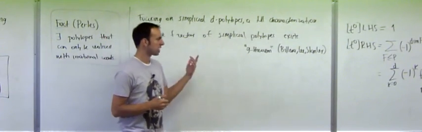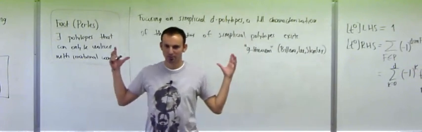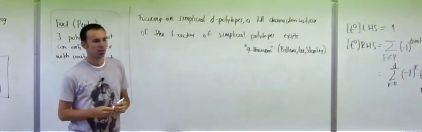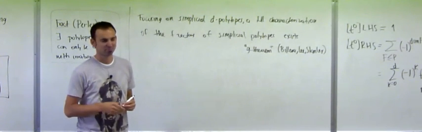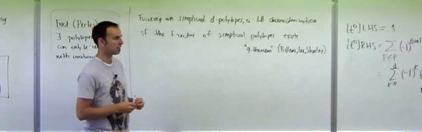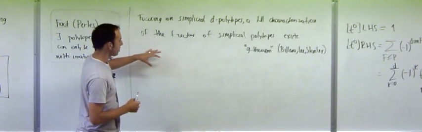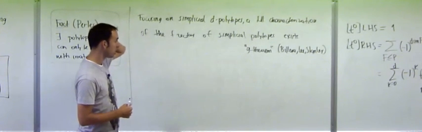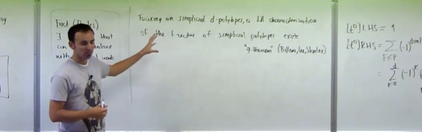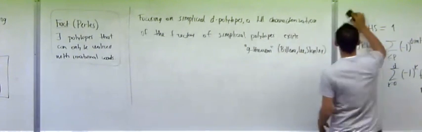And Stanley's proof actually was a pretty spectacular achievement in the theory because he brought in heavy machinery from algebraic geometry, and he used the Hard Lefschetz theorem for toric varieties, and that's how he closed this proof. There are simpler proofs by now, but it is a hard theorem, a beautiful theorem, and I want to just give you an idea of just the beginning of what this theorem says.